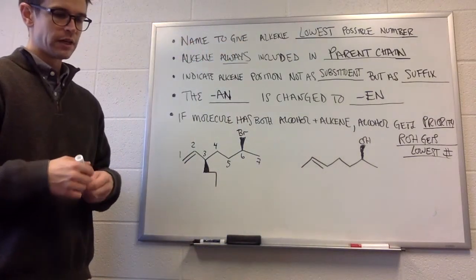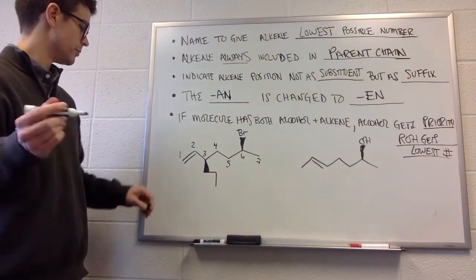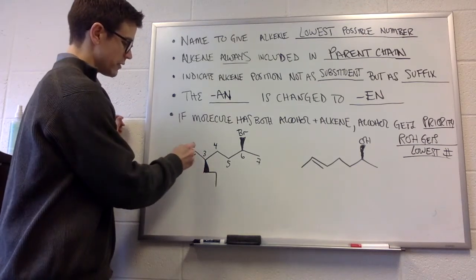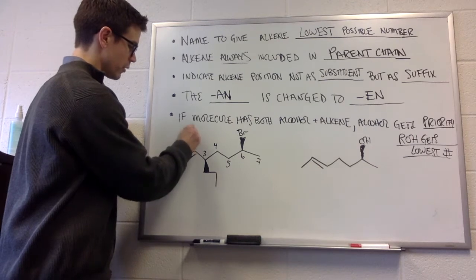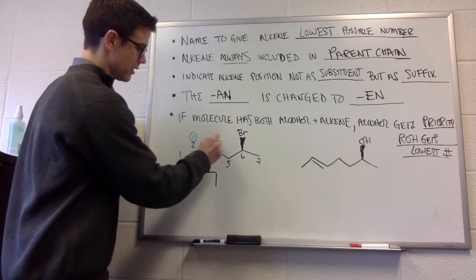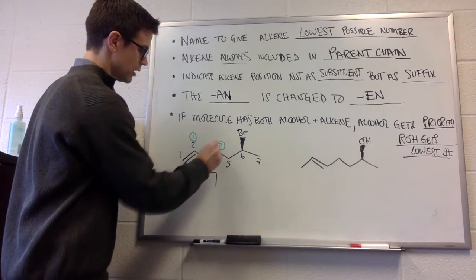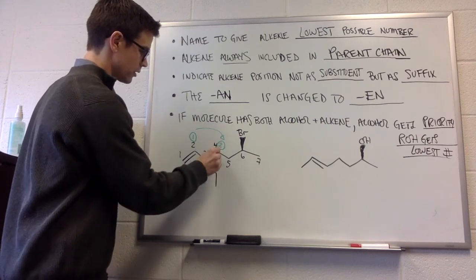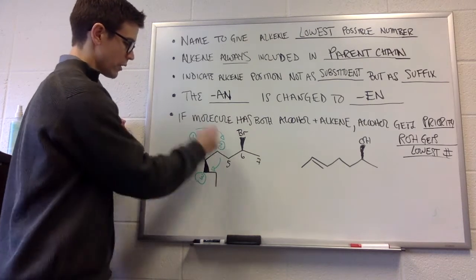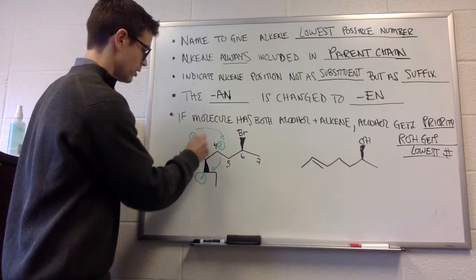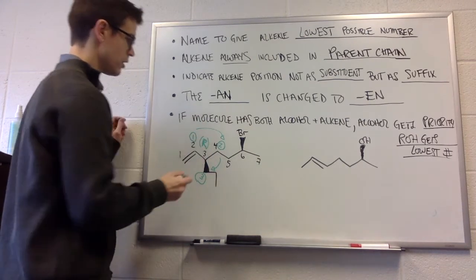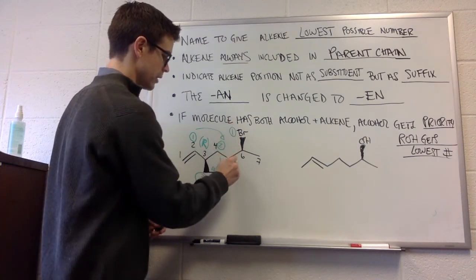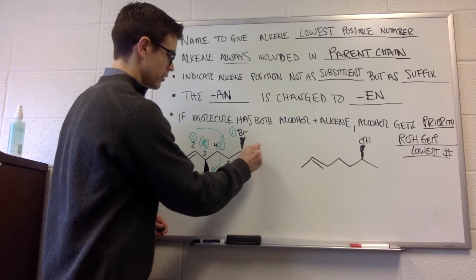We now need to figure out the stereochemistry. Around this stereocenter, because of the double bond, this is going to get priority 1. Then this is going to get priority 2. And this is priority 3. So if we go from there to there to there, we're going clockwise, so this is going to be R. And at this position, bromo gets priority 1, this gets priority 2, this gets priority 3.